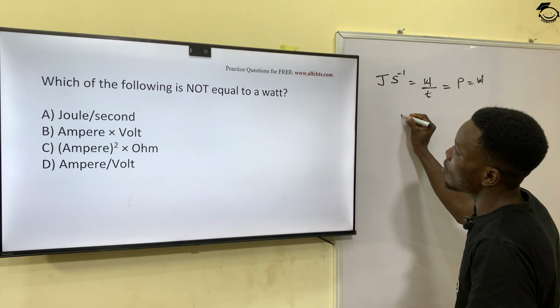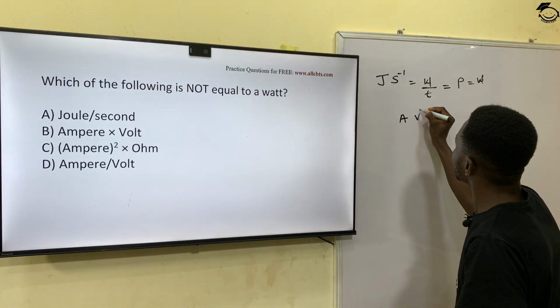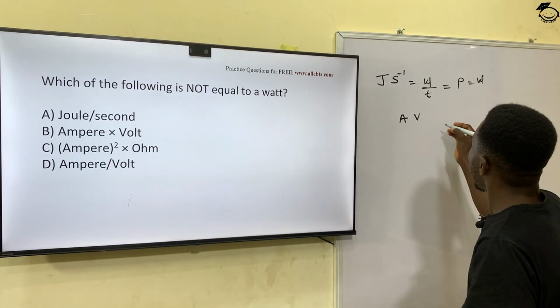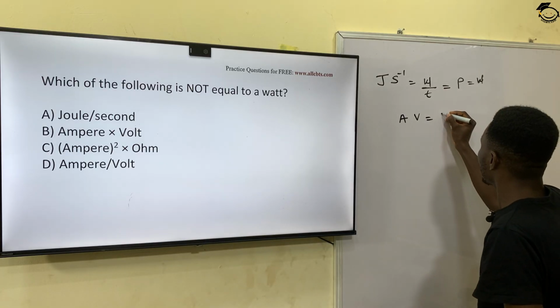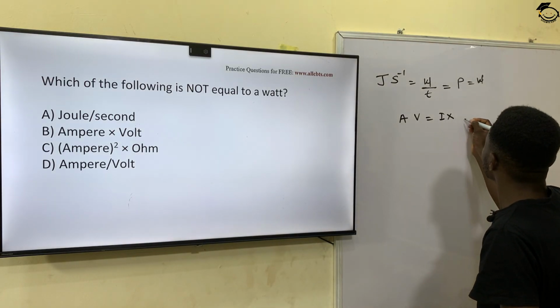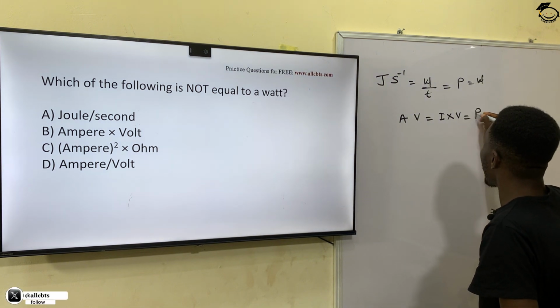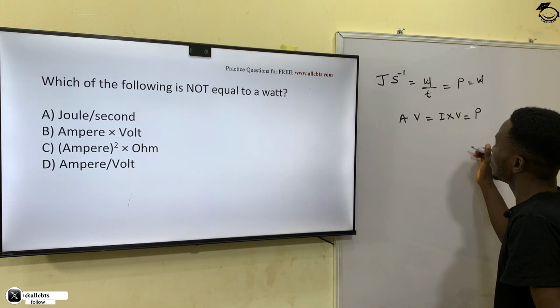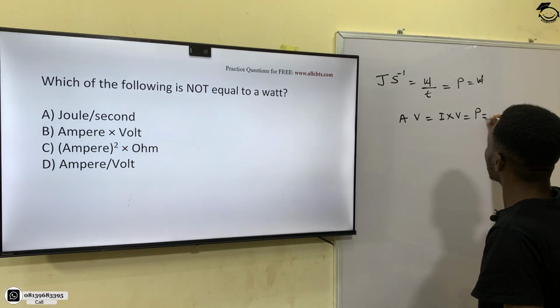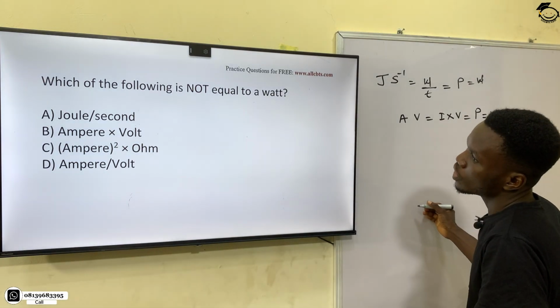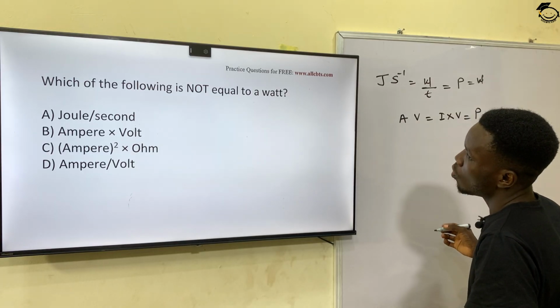Option B says I have ampere volt. An ampere volt is current times voltage. And current times voltage is the same as what? Power, because power is equal to IV. So this is also equal to watt. Option C says I have ampere square ohms.